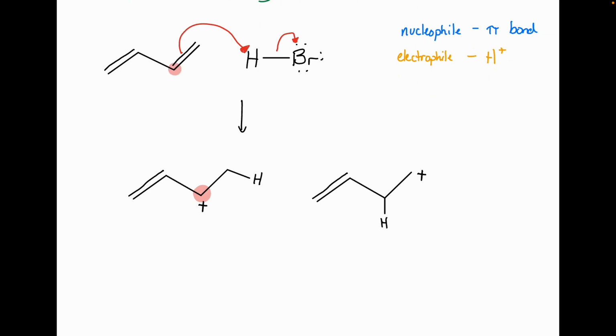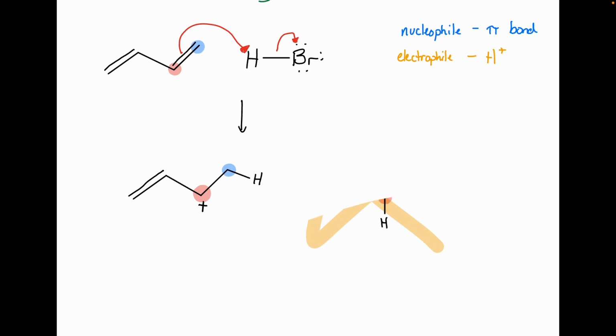If I color my carbons here about my original double bond, in my first intermediate, that carbocation is on the red carbon in the middle. In the second intermediate, the other one I drew, it's on the end. All right, so which one is correct here? The one on the left or the one on the right? The one on the left, right? One of these is way, way, way more favorable than the other, such that you just really will not see this one over here, because we have this intermediate.